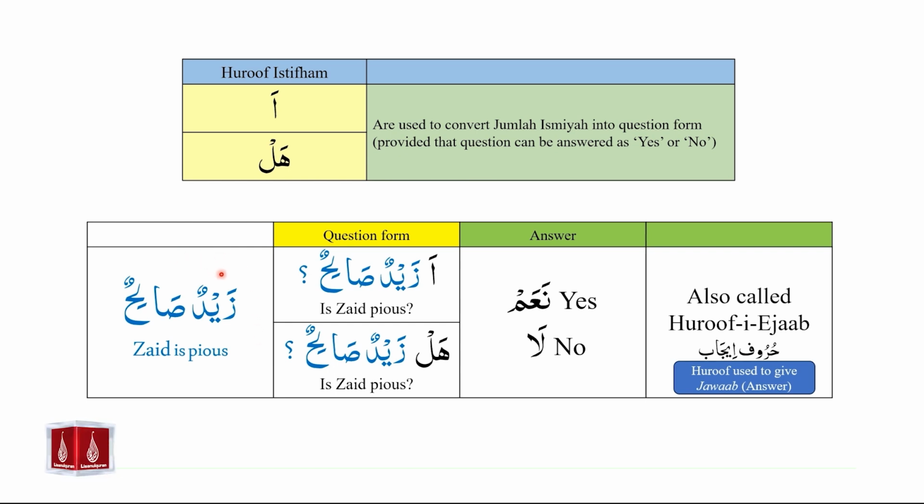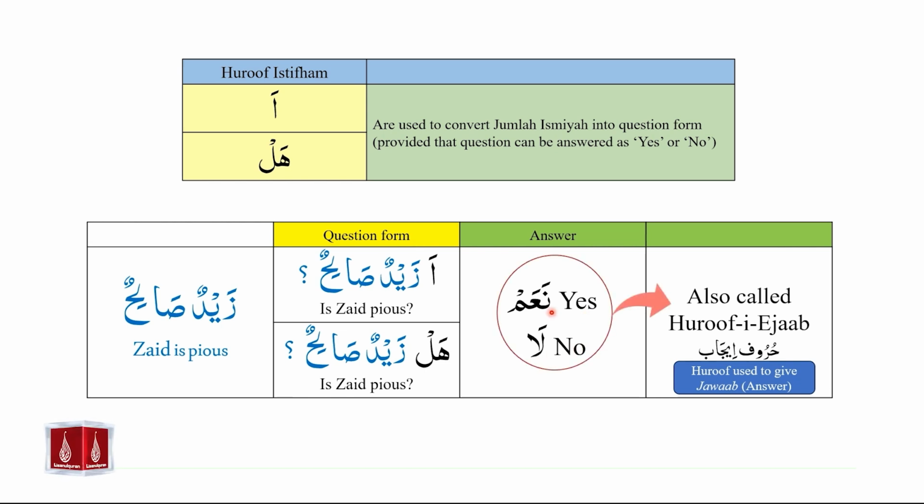If we want to convert Zaidun Swalihun into its question form, we will either add Hamza Istifhamiya at the beginning to have Azaidun Swalihun, is Zaid pious, or we can add Hal at the beginning to have Hal Zaidun Swalihun, is Zaid pious, and the answer can either be yes, for which in Arabic we will use Na'am, or it will be no, for which we will use La.